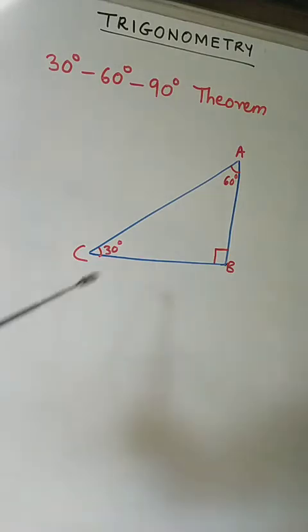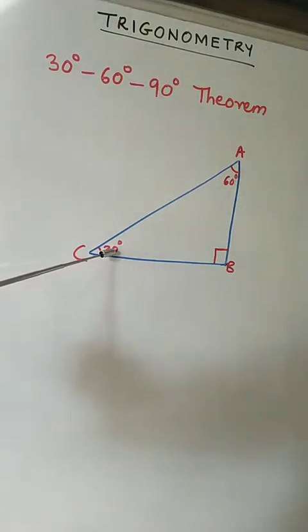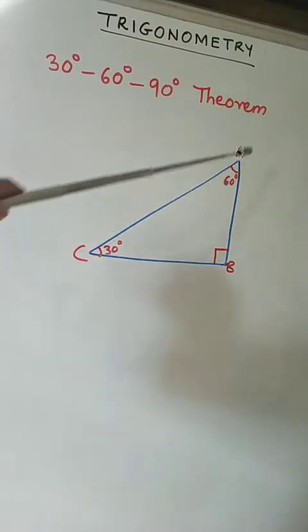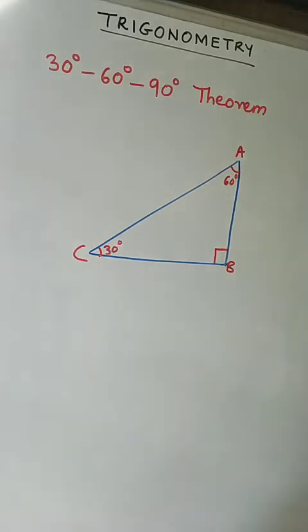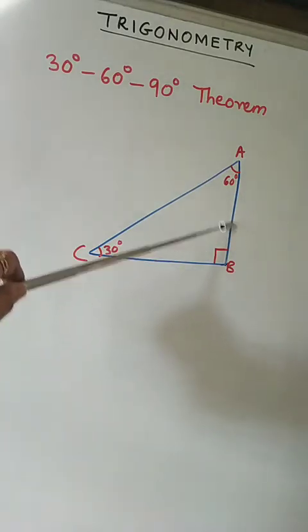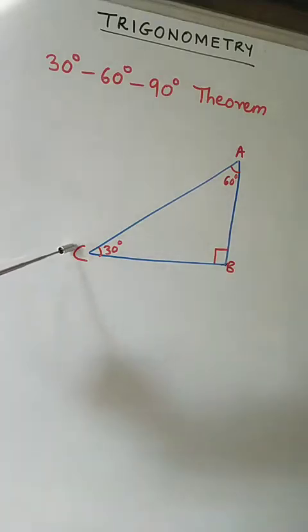Now look at this angle, which is the side opposite to 30 degrees. This is 30 degrees angle, and side opposite to 30 degrees angle is side AB. There is some relation between this side AB and the hypotenuse AC. And you have done that in 30, 60, 90 degrees theorem.